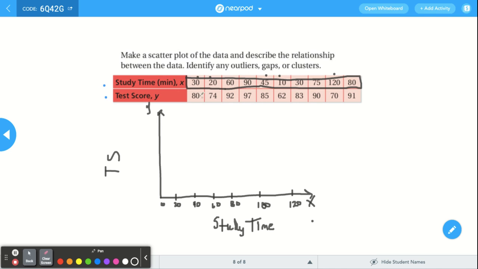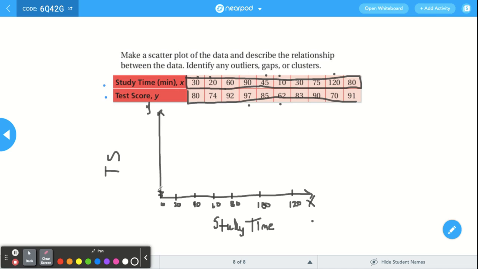All right, and looking at the y-axis, let's see, the lowest grade somebody got was a 62, and the highest grade somebody got was a 97. So there's a gap of about 35. And there's 1, 2, 3, 4, 5, 6, 7, 8, 9, 10. So let's go up by fives, and we'll start at 60.